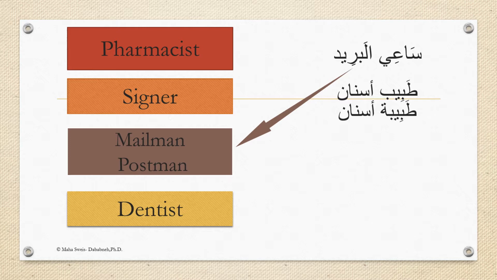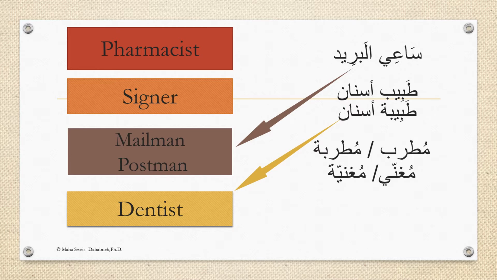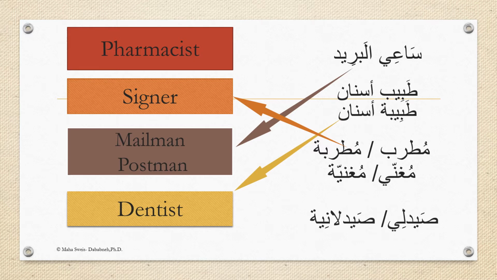The correct answer is yes. Next, مطرب مطربة, or as I said مغني مغنية. The correct answer is, and the last one, صيدلي صيدلانية. This is the only option we have.